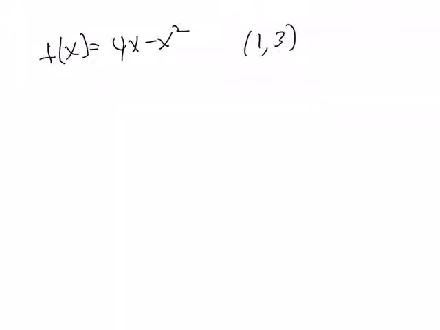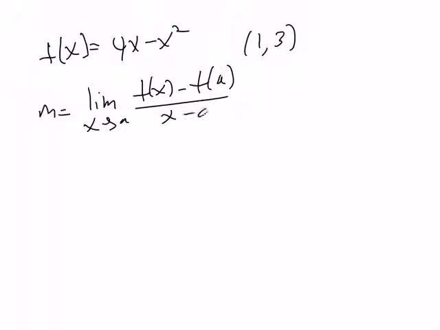We're going to try to do this in 2 ways. First one is using definition 1. Definition 1 says the slope m of the tangent line to a curve is equal to the limit as x goes to a of f of x minus f of a over x minus a.